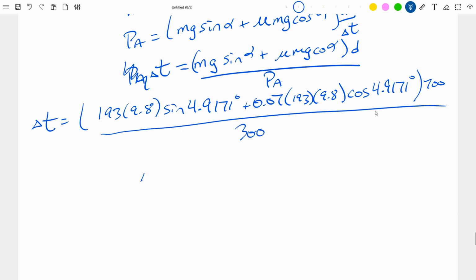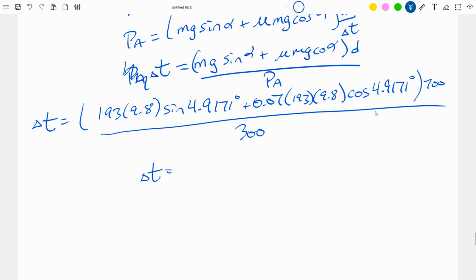So how much time does that take? Almost done. I hope I got it right. Brackets for the numerator: 193 times 9.8 times the sine of 4.9171 plus 0.07 times 193 times 9.8 times the cos of 4.9171, bracket to close, multiply by 700, divide by 300.